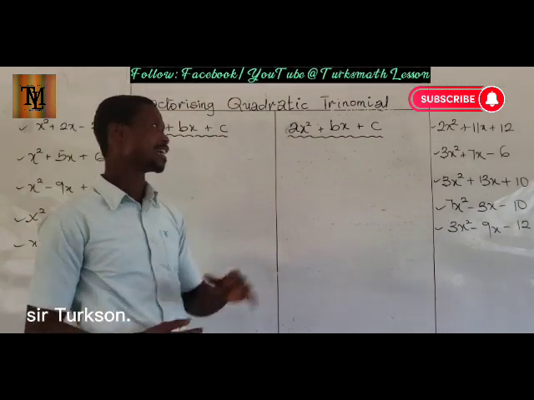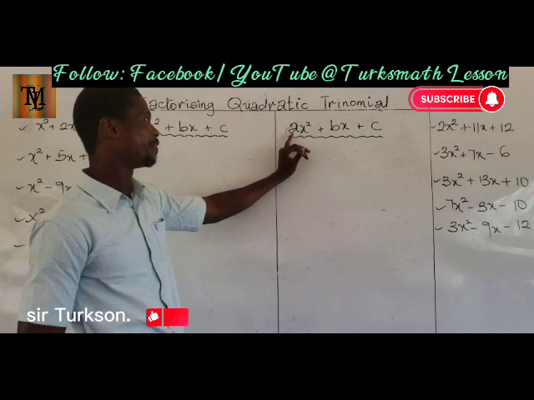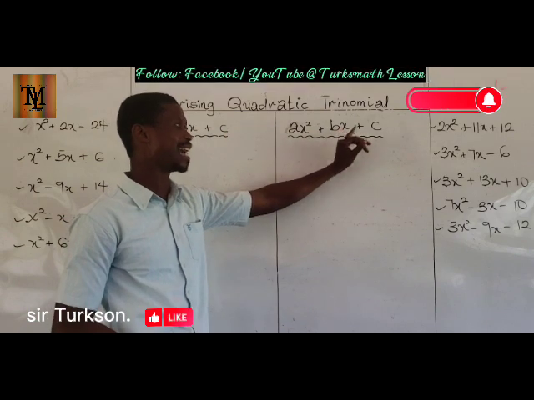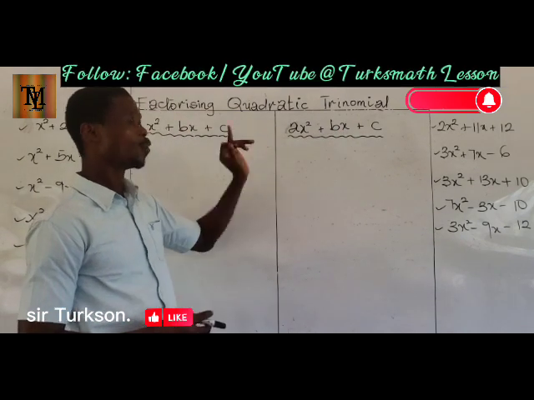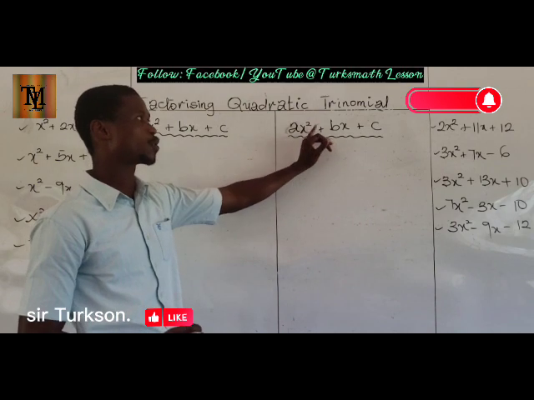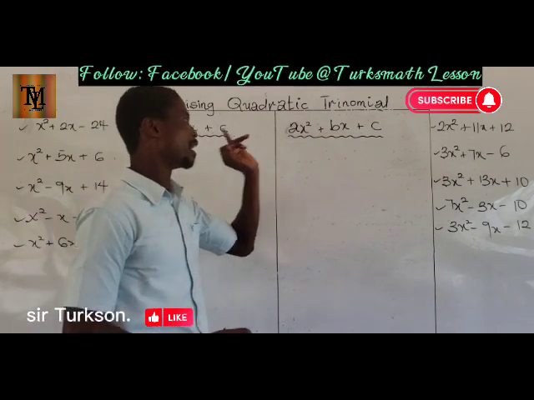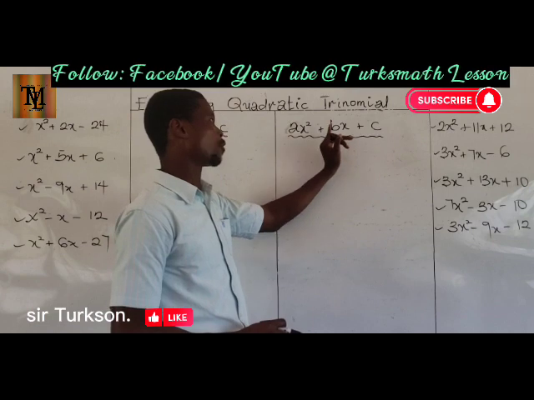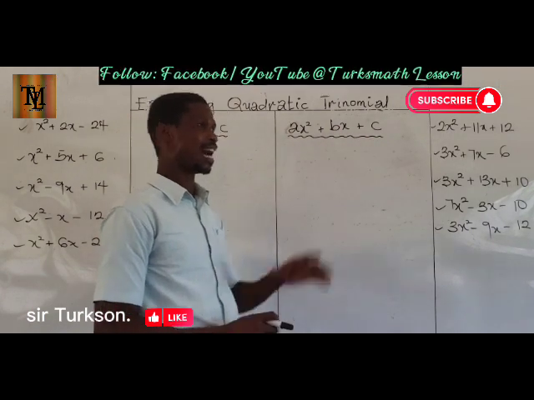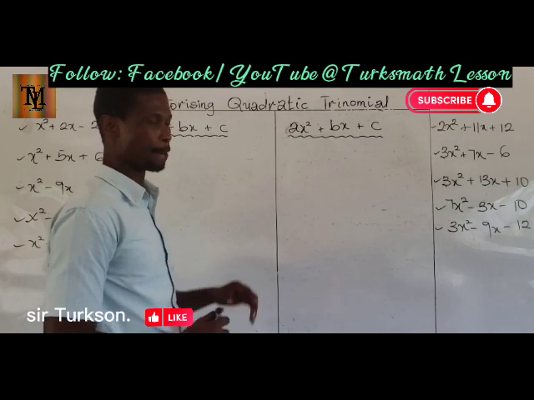Then in the second form, a is the coefficient of x squared, b again is the coefficient of x, and c is constant, as we learned in the first form.